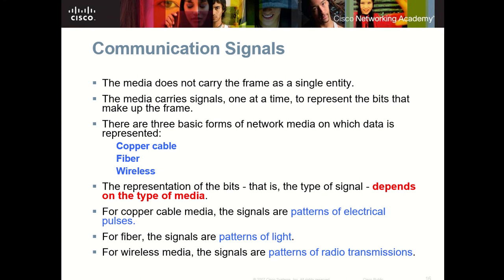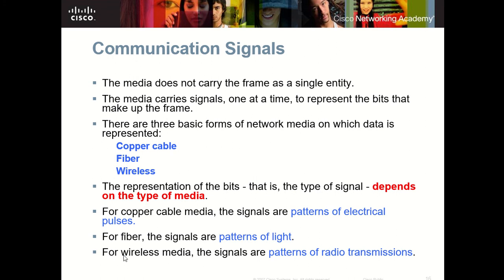So with that case, si physical layer dapat makabalo siya nga if copper cable ang gigamit nga media, i-convert niya ang frame into patterns of electrical pulses, right? If it's copper cable.